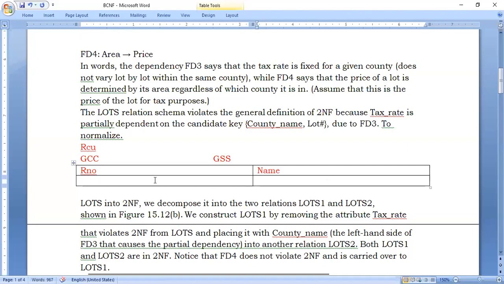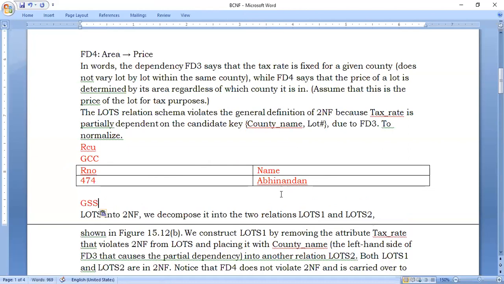If I take roll number 401 or 474 and the name Abhinandan, this is from GSS college. The same thing I may have from Gokte college, and the same thing I may have for GSS college here.